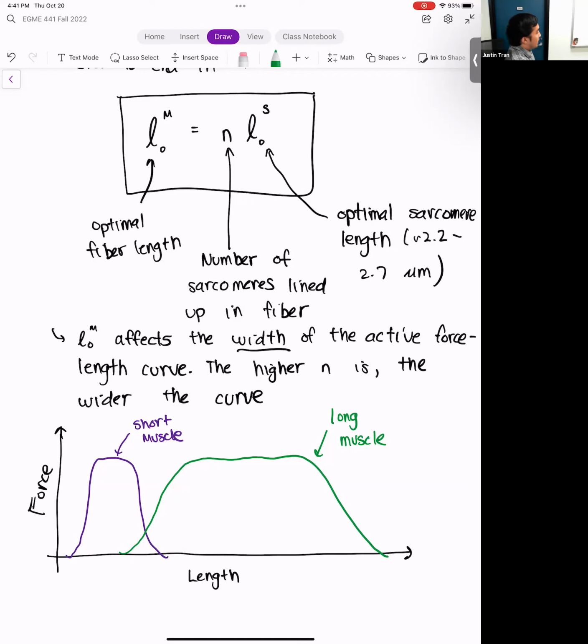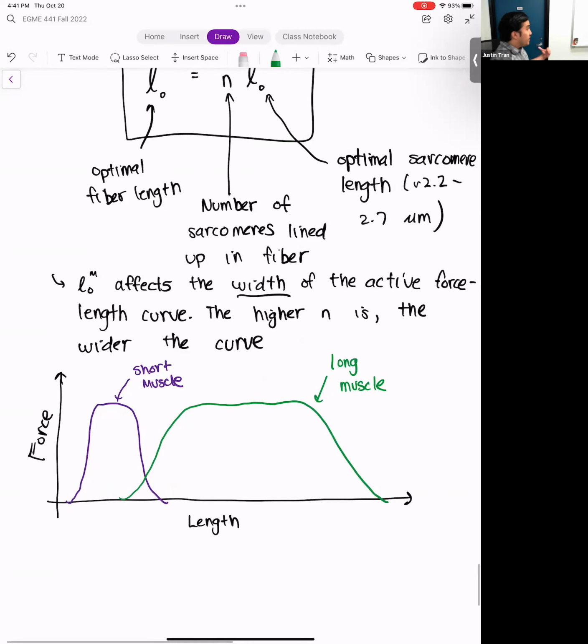What you can see here is that the longer your muscle is, the plateau region, or the optimal region for contracting, is shifted to the right, because the overall length of the muscle is higher. And so the optimal fiber length is also going to be higher, but it also makes it wider too. That gives you a much bigger window in terms of what's going to be the optimal contraction length, okay?